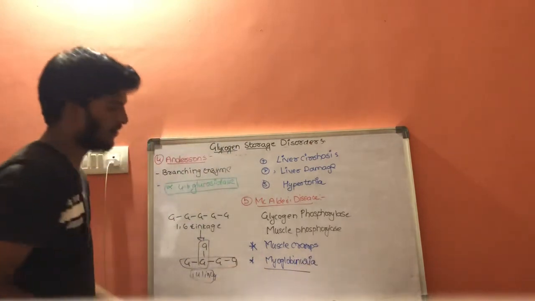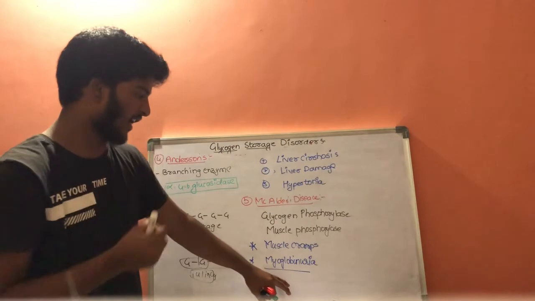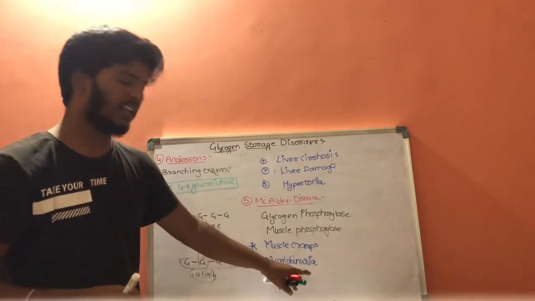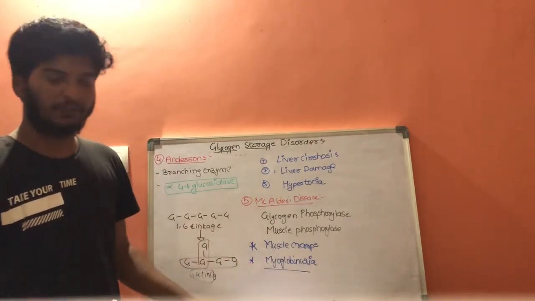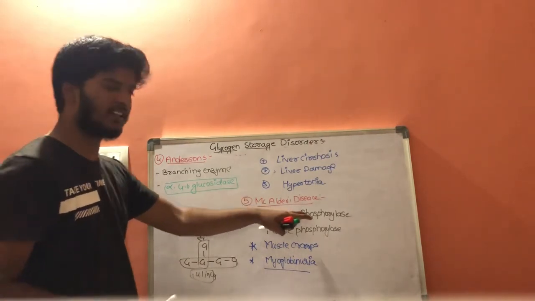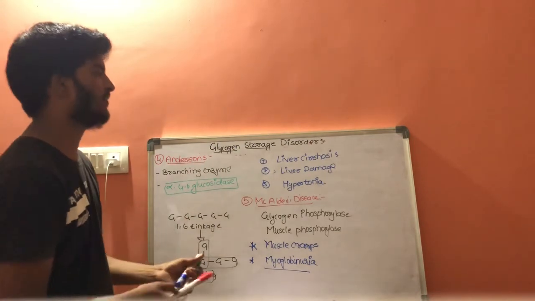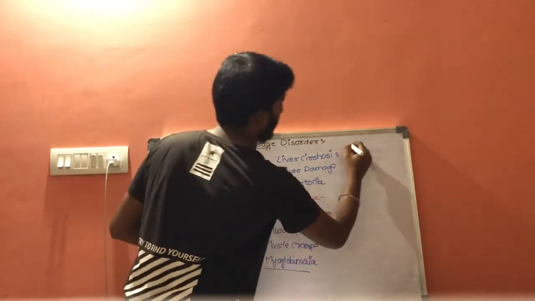What does myoglobinuria mean? Myoglobin getting removed along with urine is called myoglobinuria, which is a symptom of McArdle's disease, the fifth type of disease. And the sixth type of disease is Hers disease.